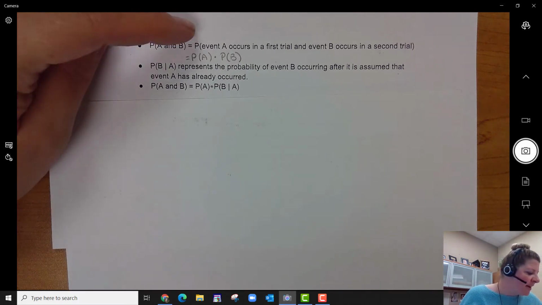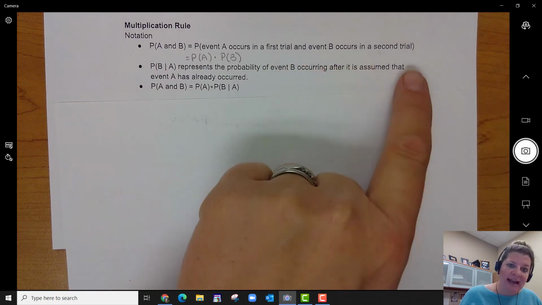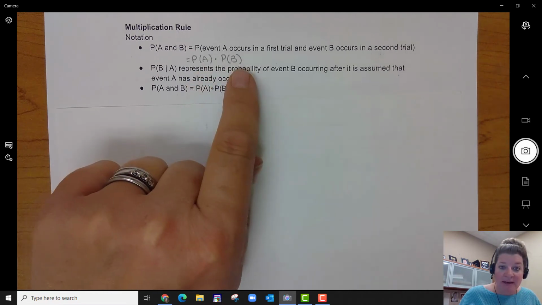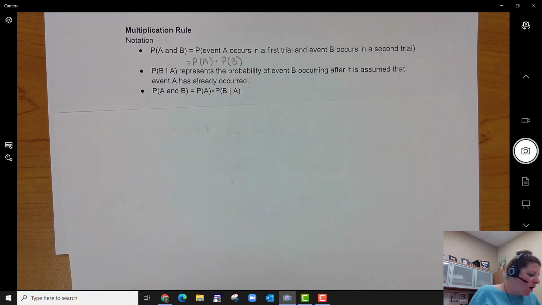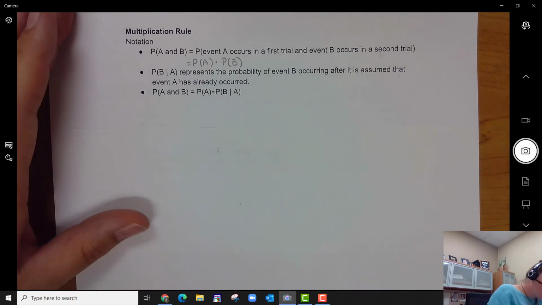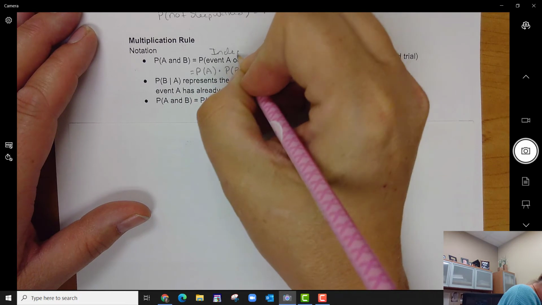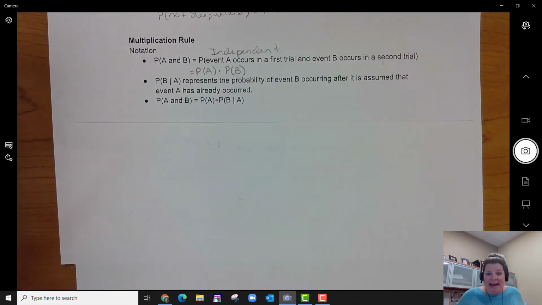So the probability of event A occurs in the first trial and event B occurs in the second trial is the probability of A times the probability of B. That's if they are independent. So we want that to be our independent idea.